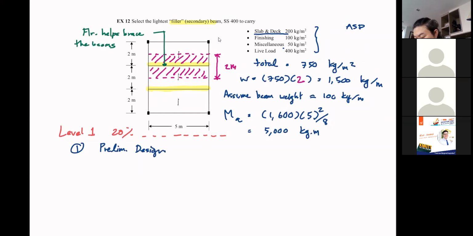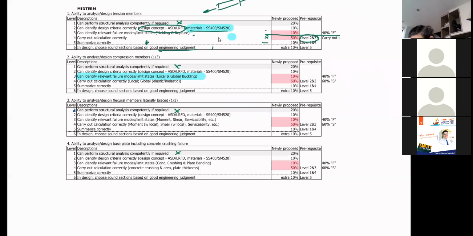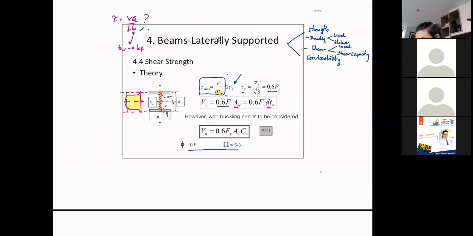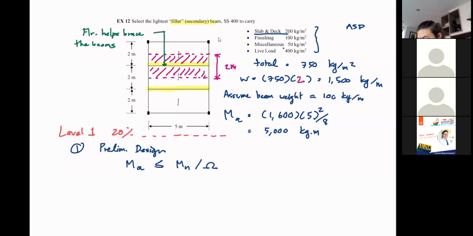So now I know that my MA cannot be greater than my nominal moment divided by factor of safety. Okay, now that is also part of the criteria. That is your criteria.